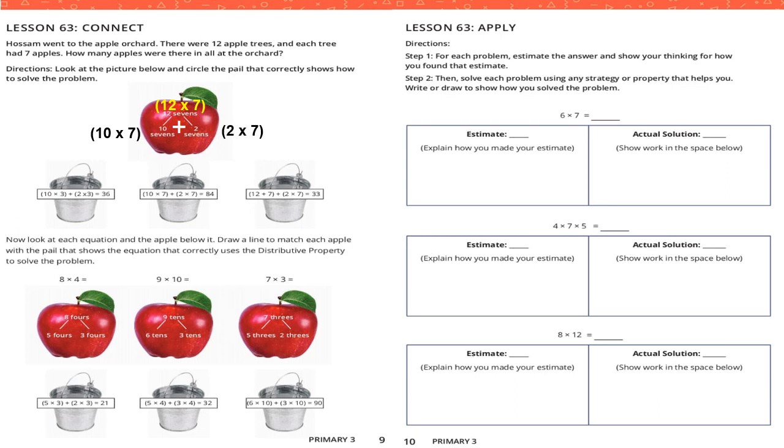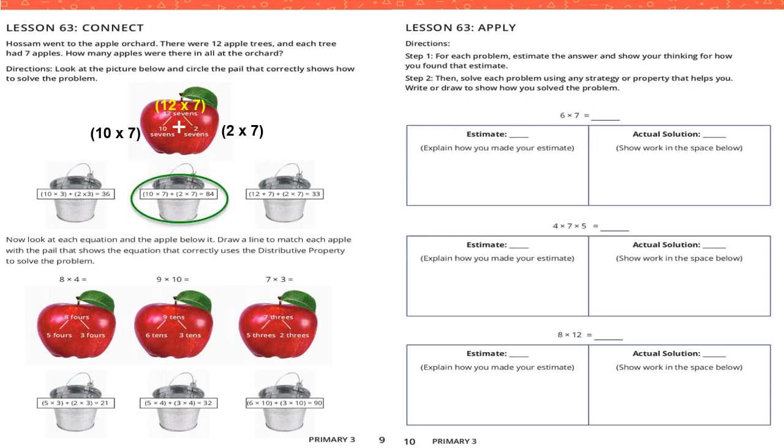Which pair gives me the same distribution for this equation? The first pair, 10 times 3 plus 2 times 3. Do we have any 3's here? No. So it's wrong. The second one, 10 times 7 plus 2 times 7. Is it correct? Yes, sure, it's correct.